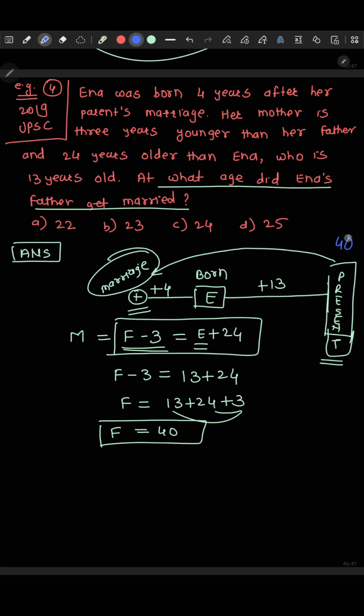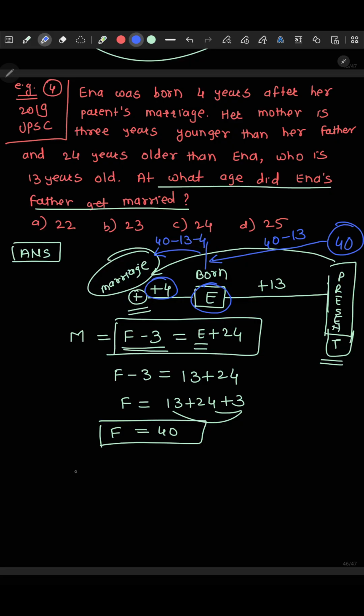Now I'll choose a different color to make the understanding clear. Here the age of the father is 40. At the time of Ina's birth, what will be the age? 40 minus 13. And at their marriage, again we have to subtract 4, right? So 40 minus 13 minus 4.